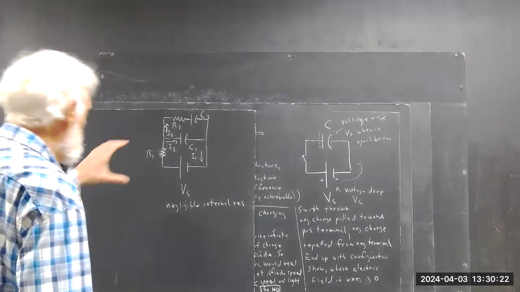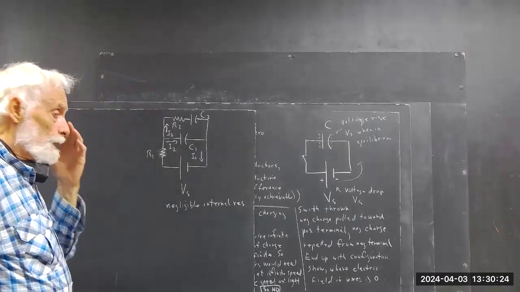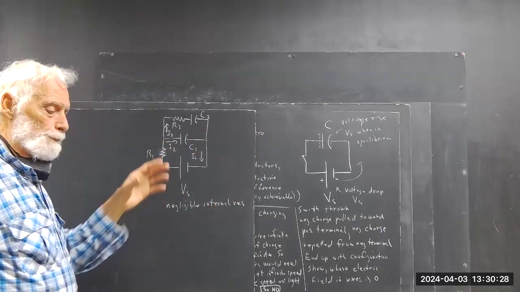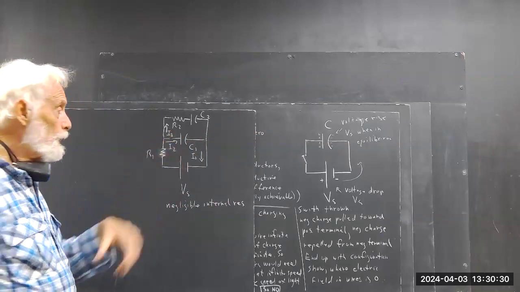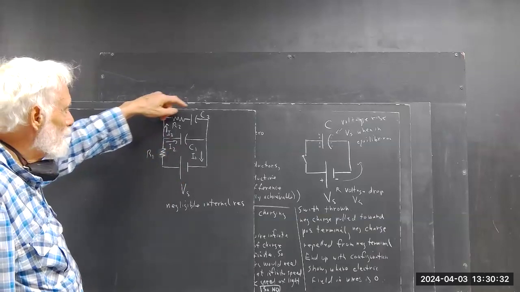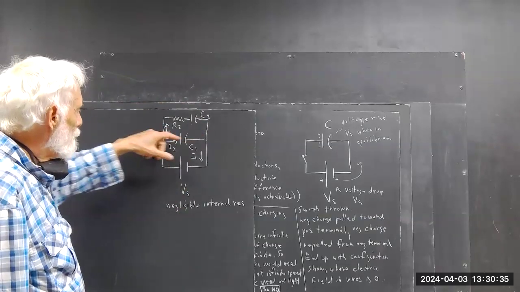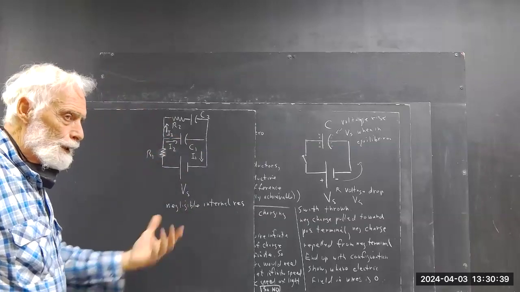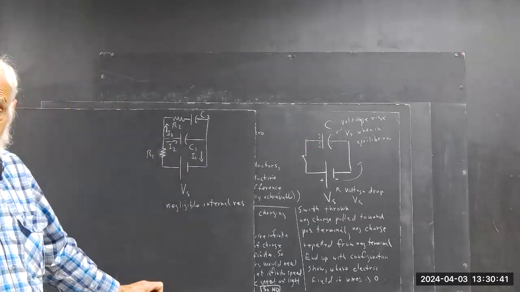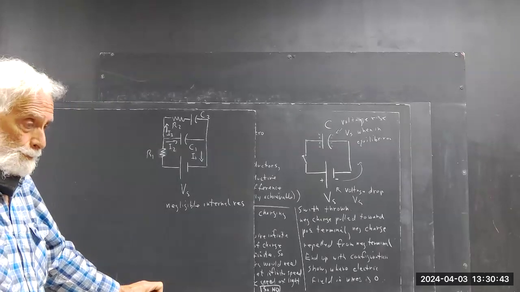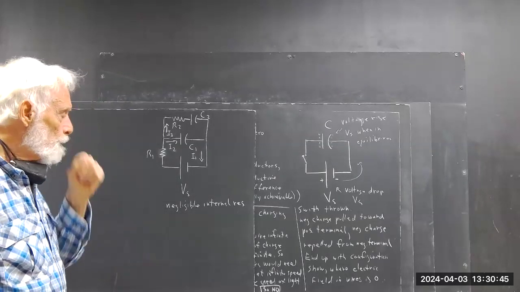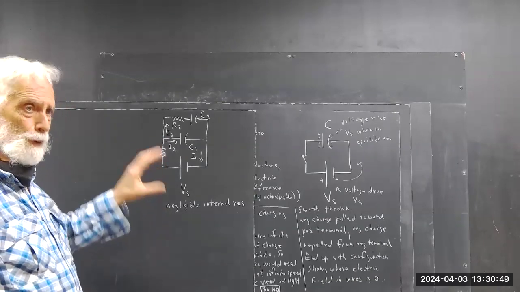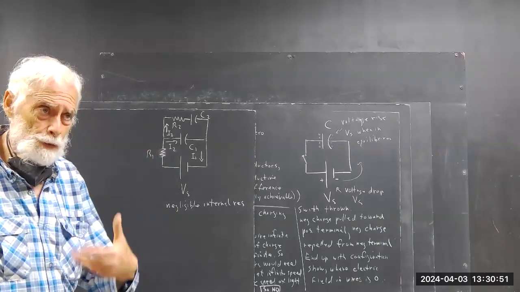Well, this is more complicated than simple parallel and series resistances and series or parallel capacitances, because you have resistance with this capacitance, no resistance with this capacitance, and a source here. It's getting out of control. So again, there's a limit to what we can do with this in this course. We just want to think about what goes on.